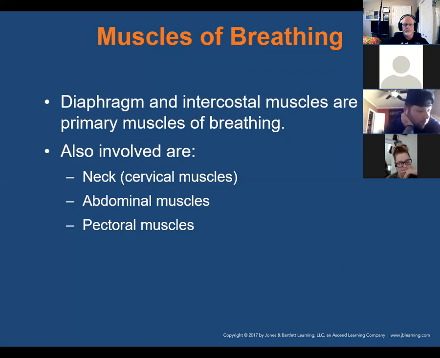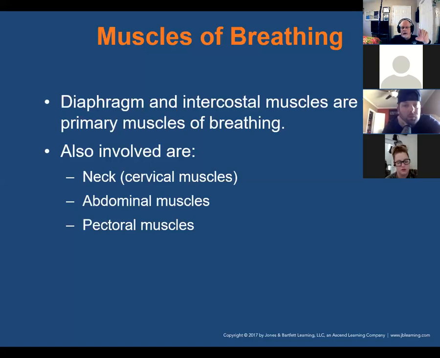Our intercostal muscles, the muscles between our ribs, they contract, and our diaphragm, the dome-shaped muscle that divides our thorax from our abdomen, it contracts and flattens out. So that makes our chest go up and out, and that creates a negative pressure gradient.